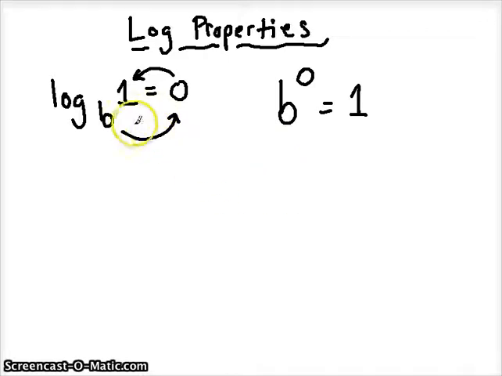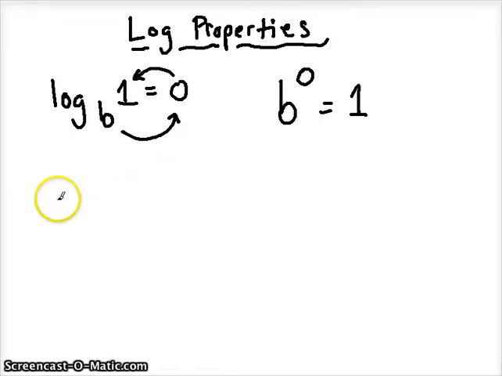So if you see a problem such as this, and you're missing any one of these variables, hopefully you can quickly just fill it in without having to do any more math or having to rewrite it. If you just know that anything to the 0 power is 1, so log base of anything of 1 is always going to be 0.